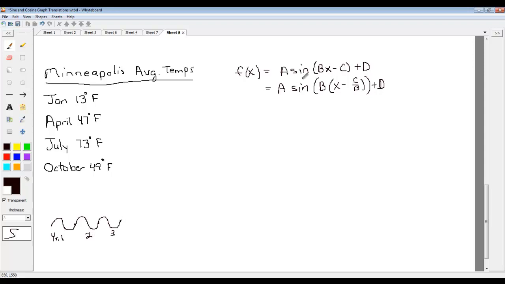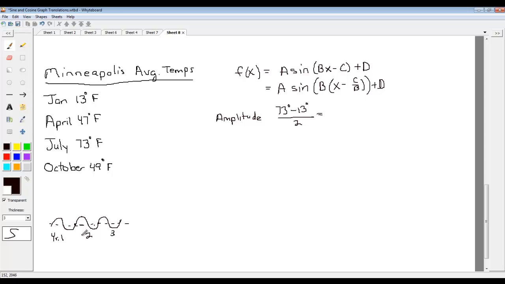Probably the easiest thing to find first is the amplitude. Amplitude tells you the distance of either your maximum point from this horizontal or your minimum point from that horizontal. So what we can do is take the maximum and minimum, in this case the 73 degrees and the 13 degrees, see how far apart they are, and then divide by 2.